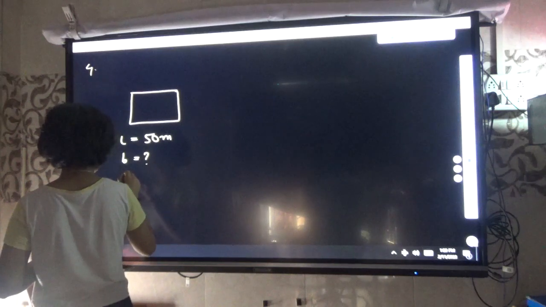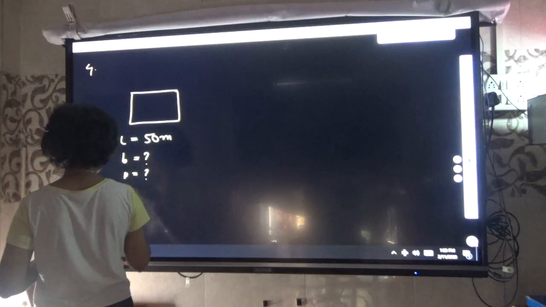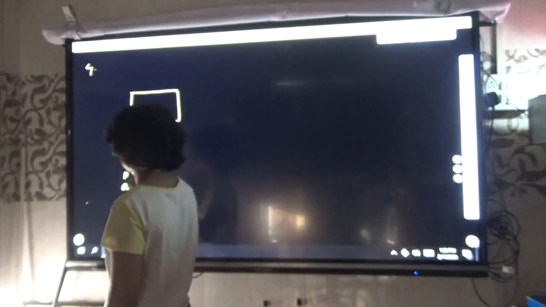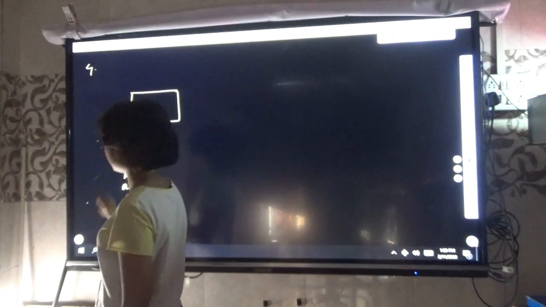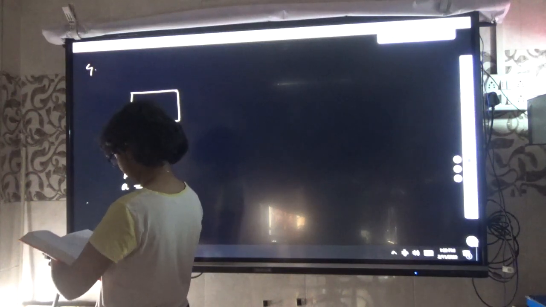And now what we have to find out? Perimeter, breadth, area. You have to find 3. And this is the given. And what is more given? There is something more given.